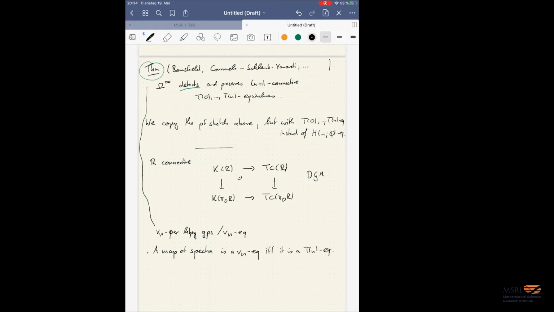And furthermore, omega infinity preserves v_n-equivalences, essentially also by definition, because they are defined by homotopy groups, and omega infinity preserves homotopy groups. This reduces us to saying something about the relationship between v_n-equivalences and T_n-equivalences in spaces.